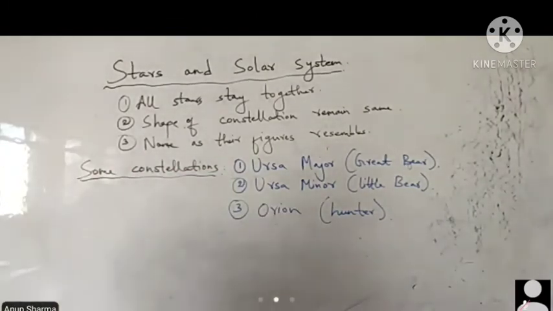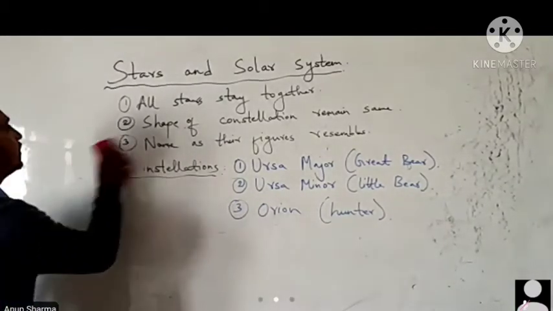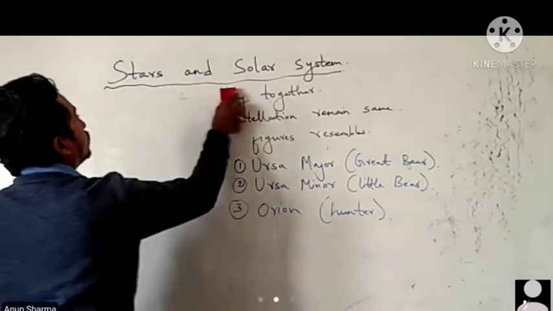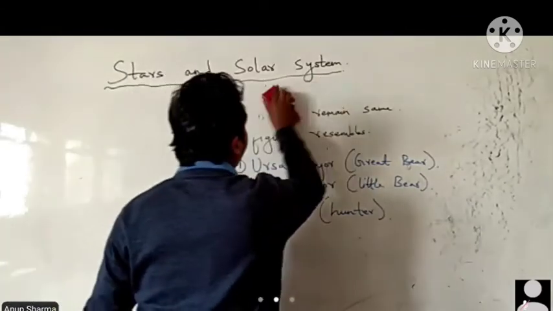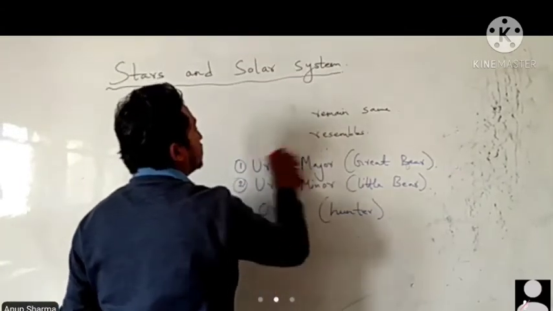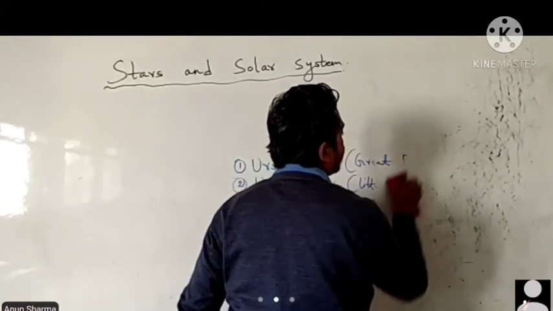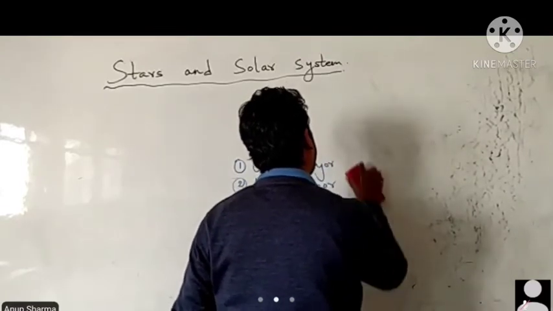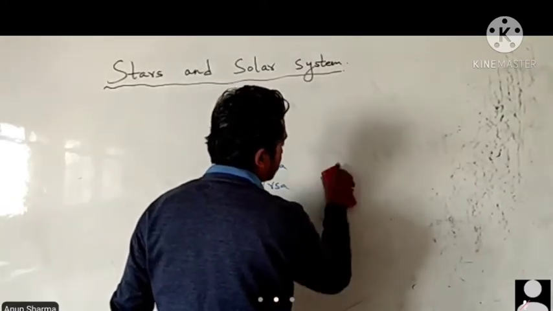So let's talk about galaxies now. What do you mean by galaxies? We discussed stars and constellations. Stars are heavenly bodies which have their own heat and light, and there are billions of stars in outer space.